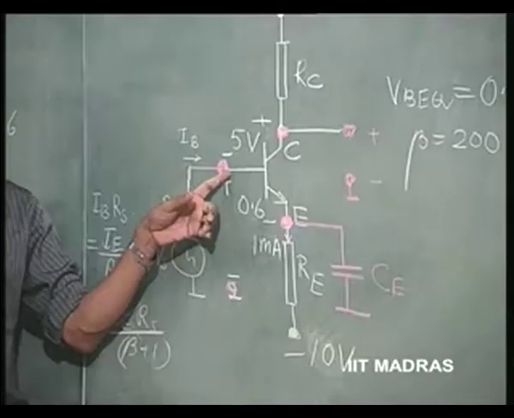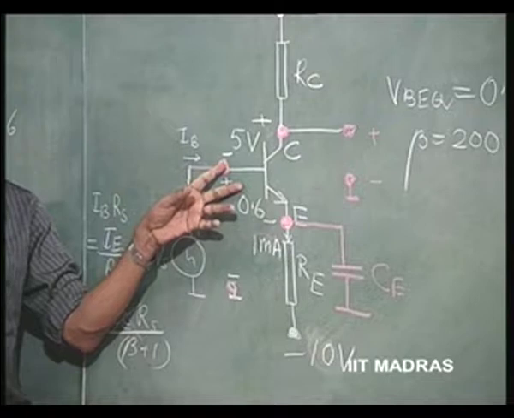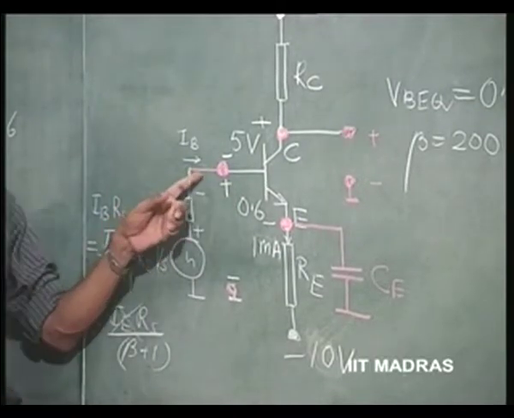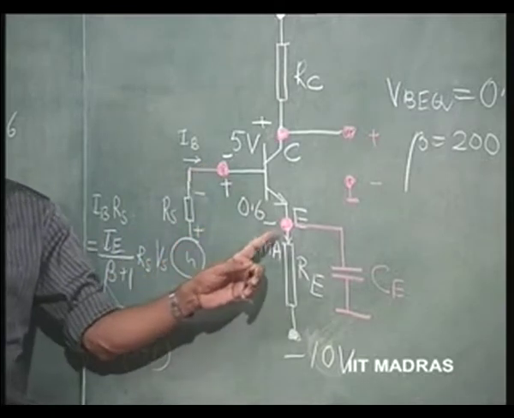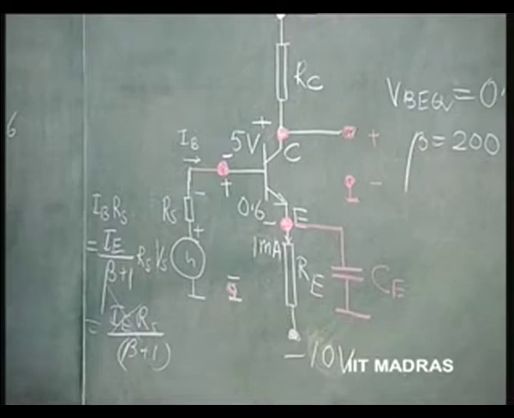If this is at some potential which is IB into RS, then that IB into RS should be added to 0.6. Otherwise, it is 10 minus 0.6 divided by RE.